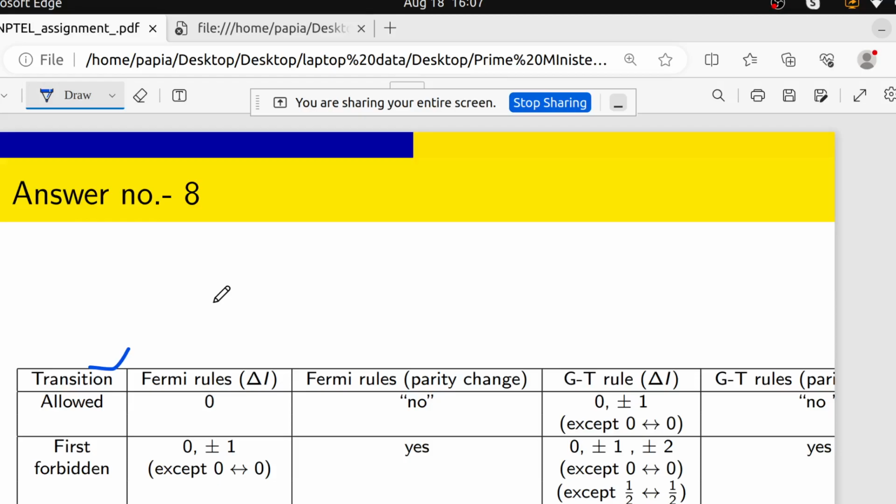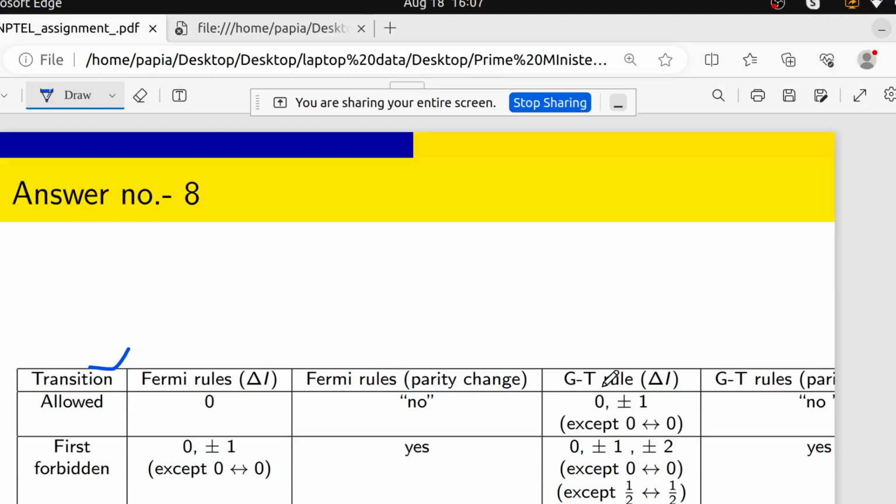Now you also have to fulfill the second condition of the Fermi rule, which is parity change. There should not be any parity change in the allowed transition of Fermi type beta decay, but there should be one parity change in first forbidden transition in Fermi type beta decay.